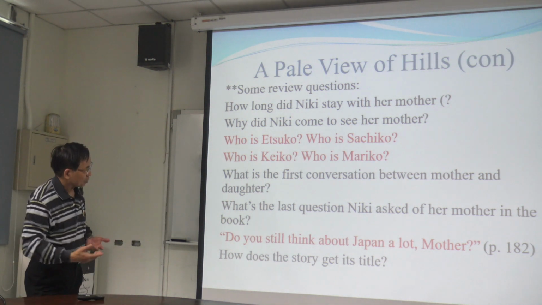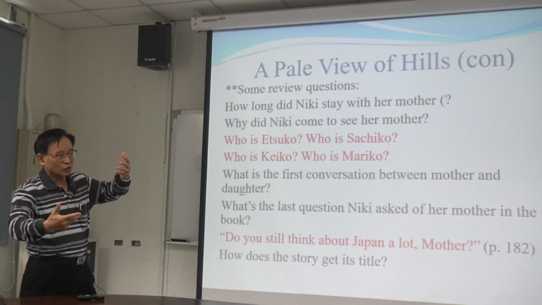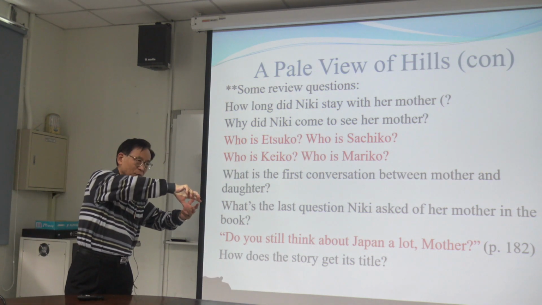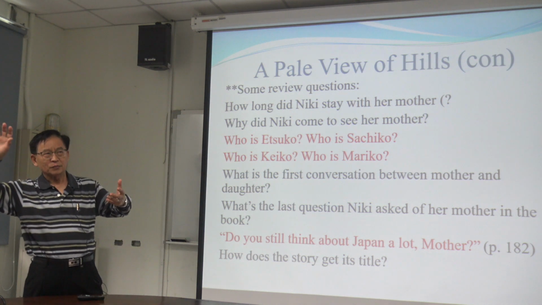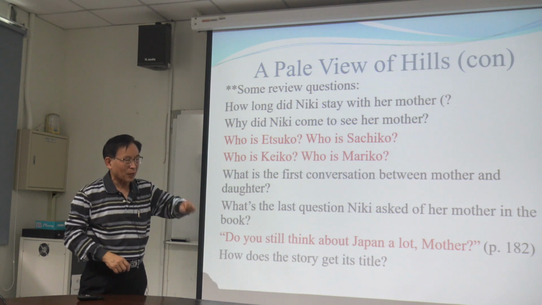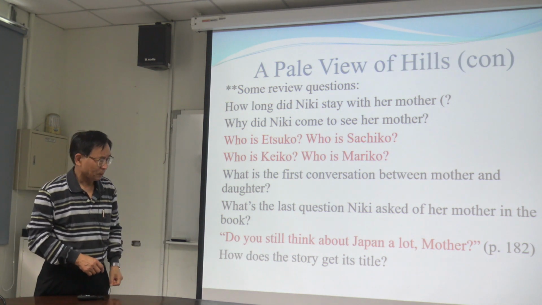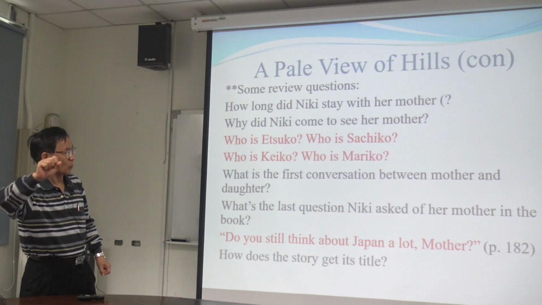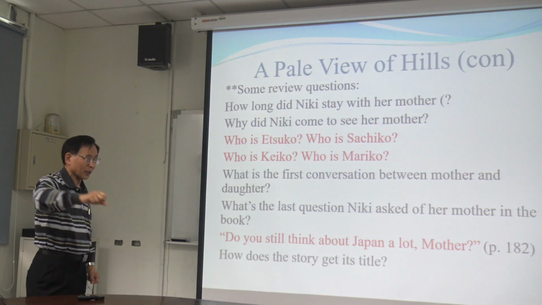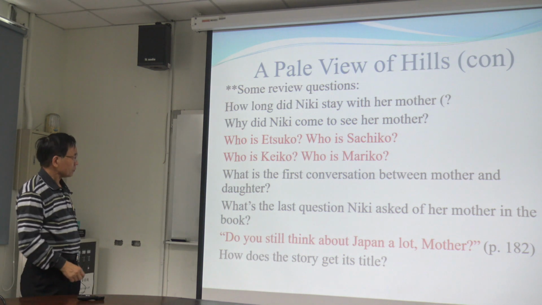It's a kind of transitional or changing society, transitioning from the old tradition to the new one. And the old tradition is represented by Jiro's father, Etsuko's father-in-law, Otaka-san. And then the new generation is represented by Etsuko and her husband, especially her husband's friend.